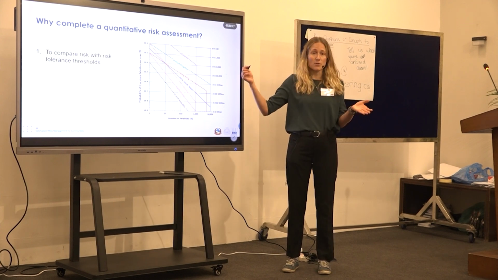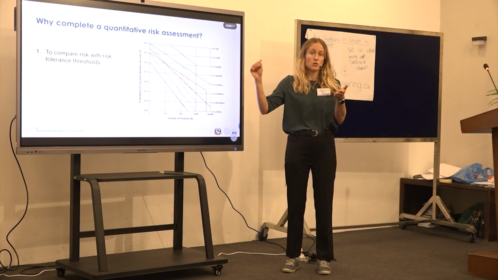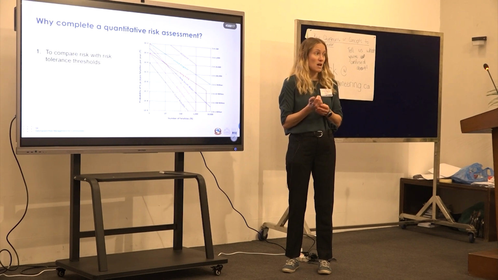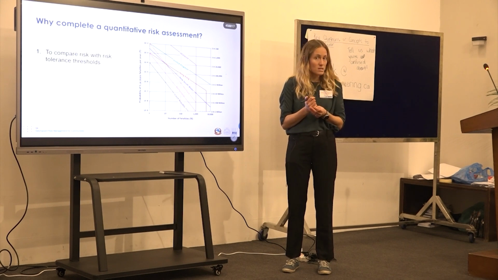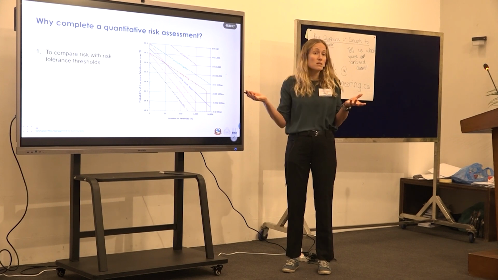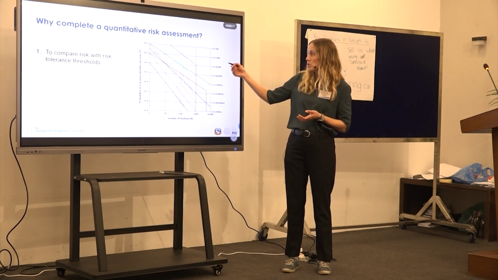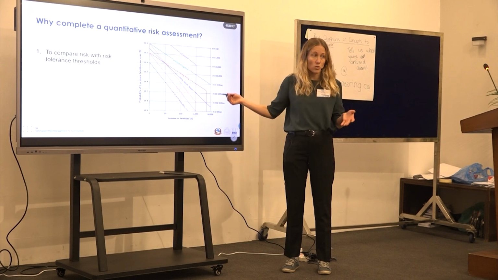Because a quantitative risk assessment, so giving numbers to all those terms and all these different scenarios, is a lot of work. It takes a lot of time and it's not always necessary to do. So the reasons why you would choose to do it are to compare with risk tolerance thresholds.